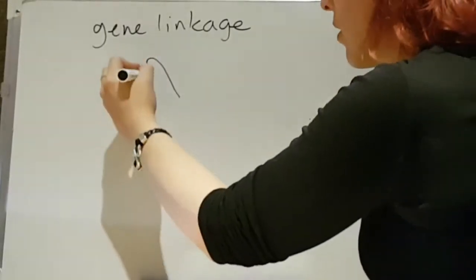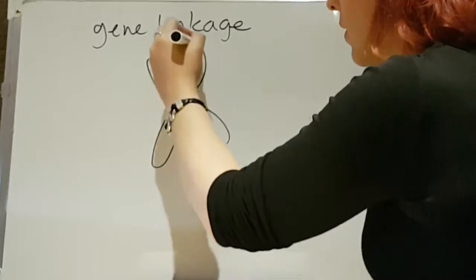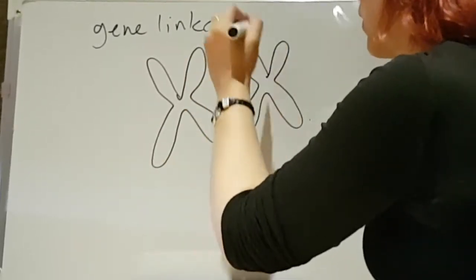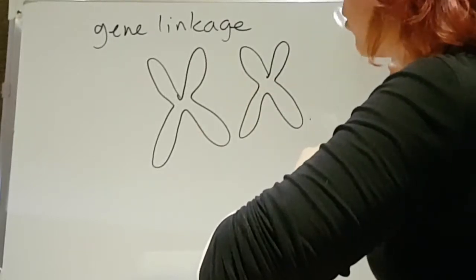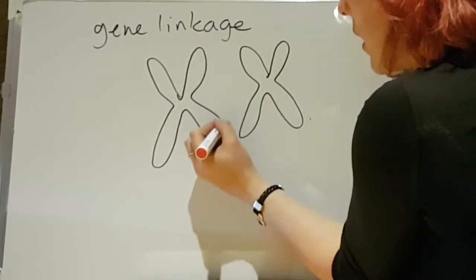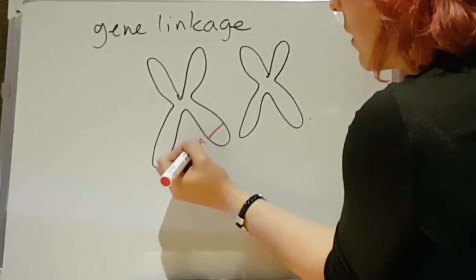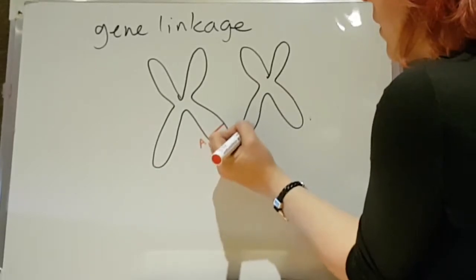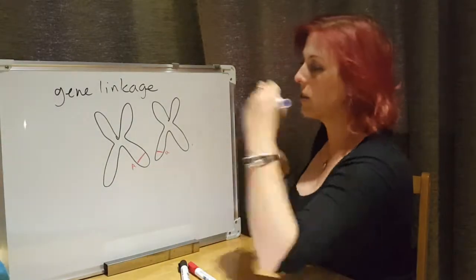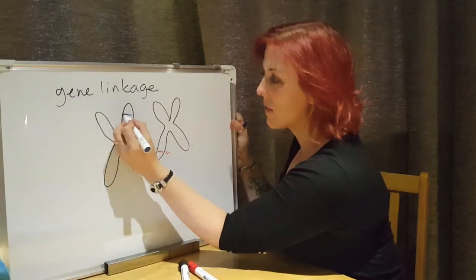If you look at a chromosome, so here's a chromosome, here's a homologous pair of chromosomes. If you were to look at a gene locus here, let's say this is A, and then let's look at a gene locus B up here.